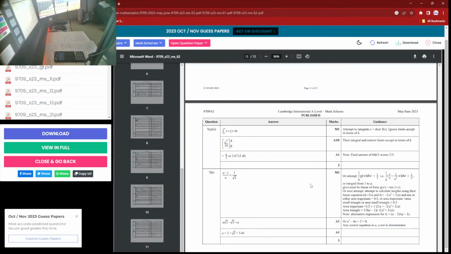Trying to make sense of this. I can't. A minus 1 over A is equals to 1 over 2. And how? So answer would just be 3.4. 3.41.